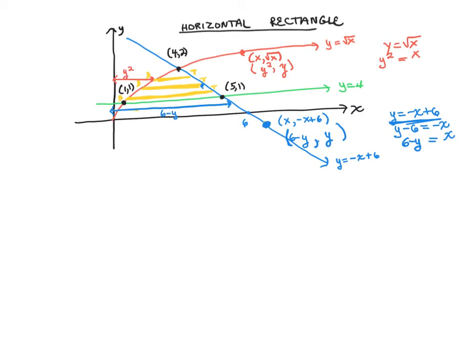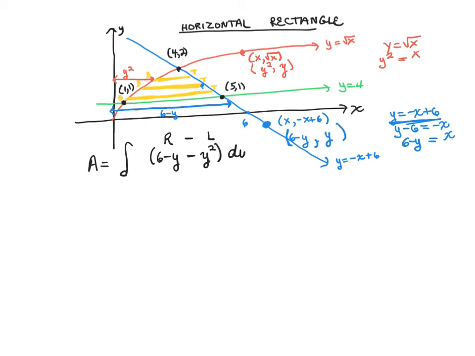So the height of any such horizontal rectangle would be top minus bottom or right minus left. So our integral would be 6 minus y, which would be the right function, minus the left function, minus y squared.